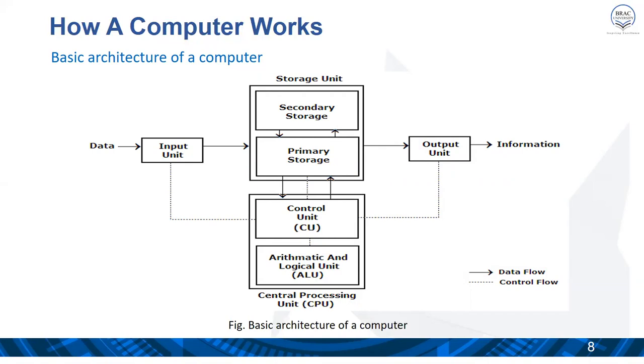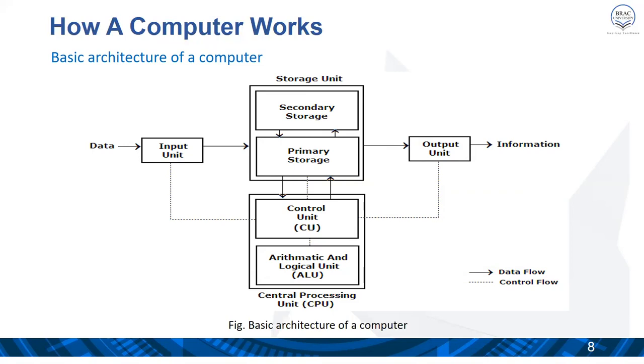The primary memory is very close to the CPU. The CPU utilizes the primary memory while executing a program. The secondary memory stores all other data, programs, and softwares.